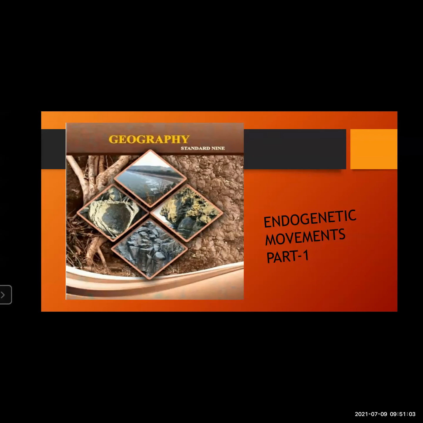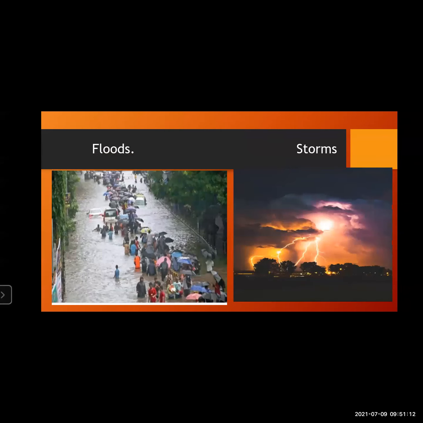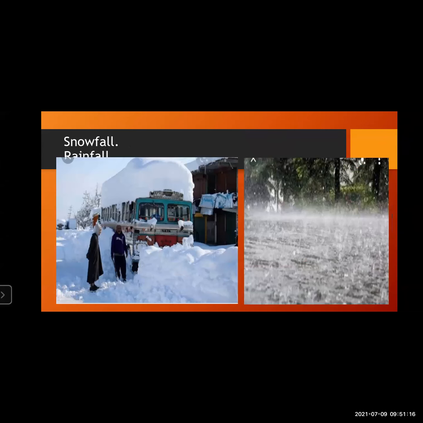Endogenetic movement. Various natural events occur on the earth from time to time. So which are these natural events? Floods, storms, snowfall and rainfall, etc. All these types of natural disasters we have already seen in our revision lecture, where we covered almost all types of natural disasters.